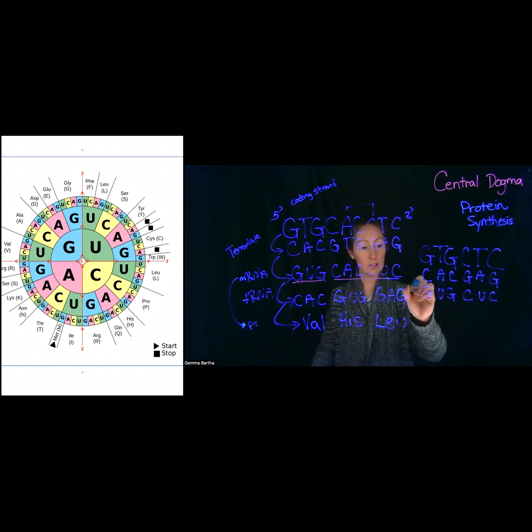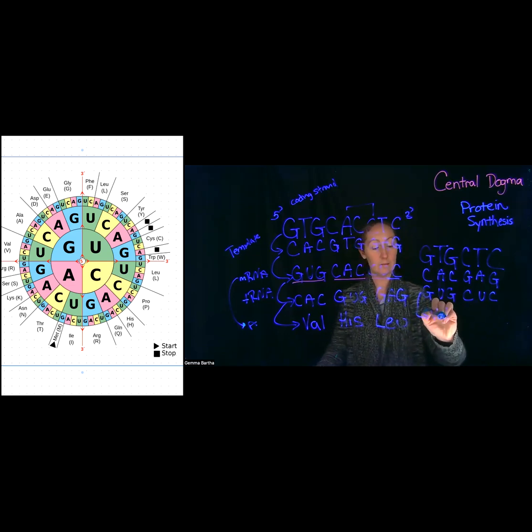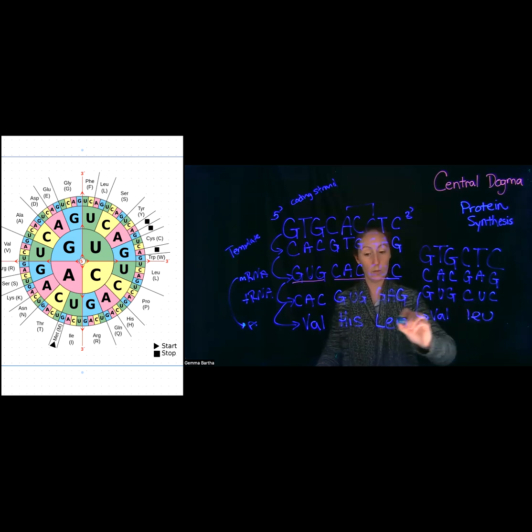And then I'm just saving time. We're just going to go straight to the amino acid. So GUG is still going to be valine. And then CUC is going to be LEU. What's missing? That frameshift mutation completely deleted HIS.